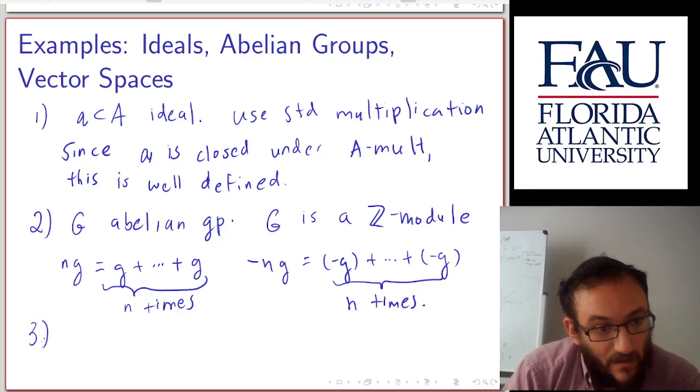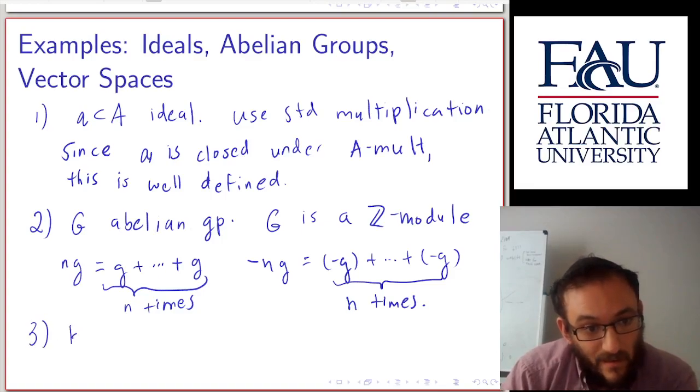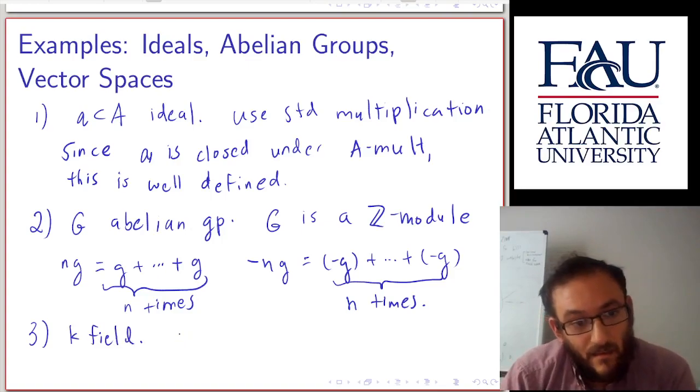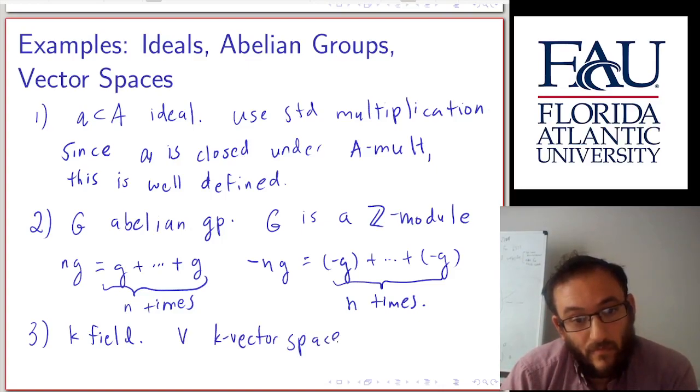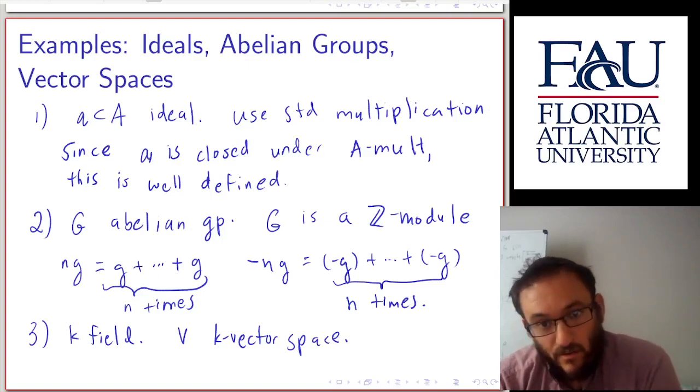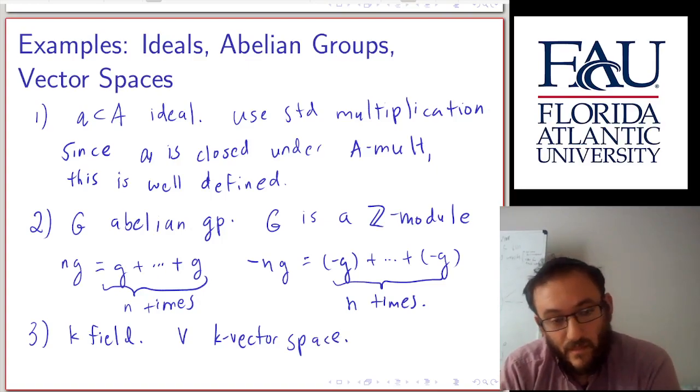One last one here is if we have K a field, then vector spaces over that field. If V is a K vector space, then with our standard notion of scalar multiplication in linear algebra, this is a K module.